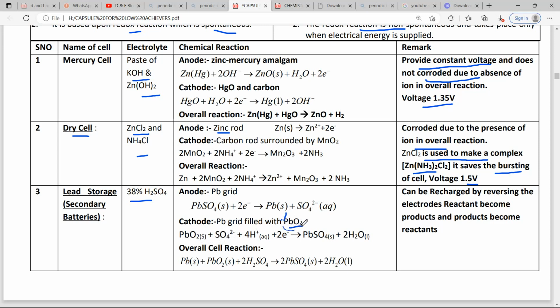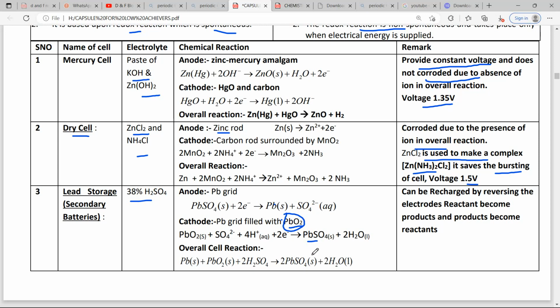This sulfate ion from the anode reaction reacts with the cathode and forms PbSO4, right? So the overall reaction is lead plus lead oxide plus sulfuric acid reacts together to give PbSO4 plus water.